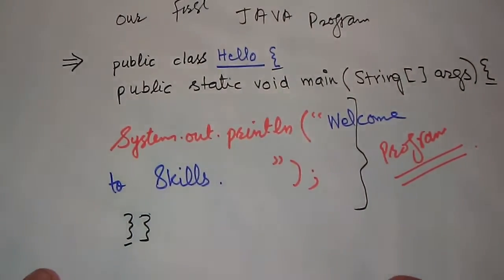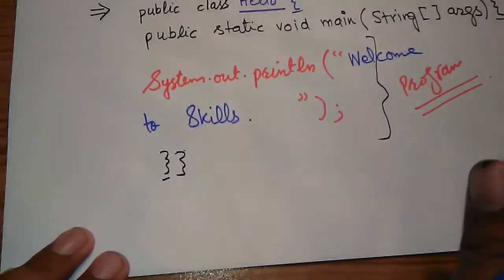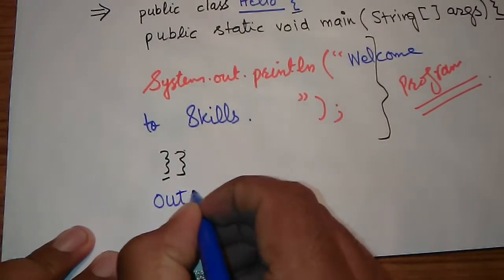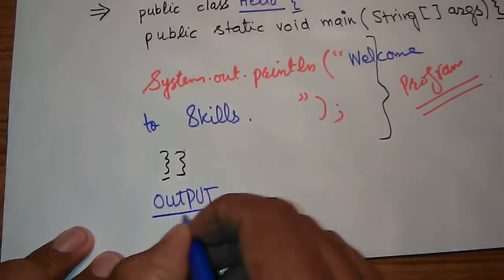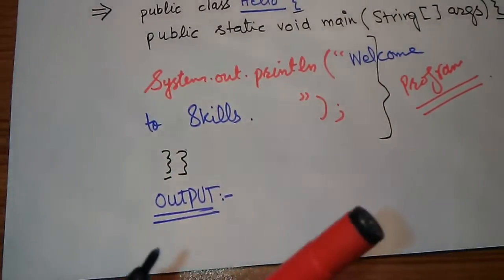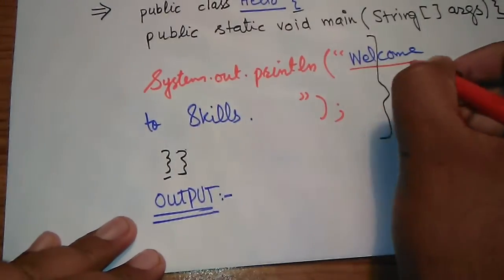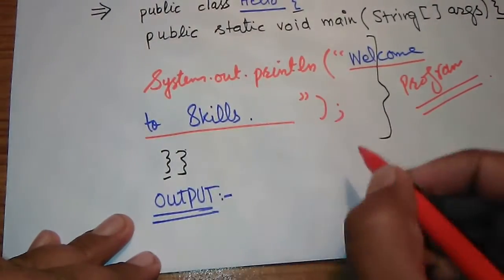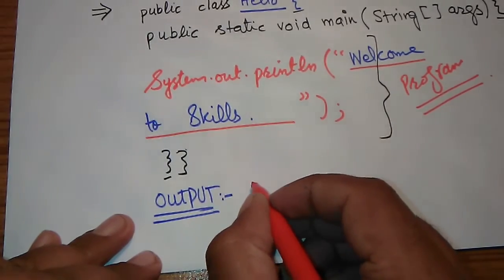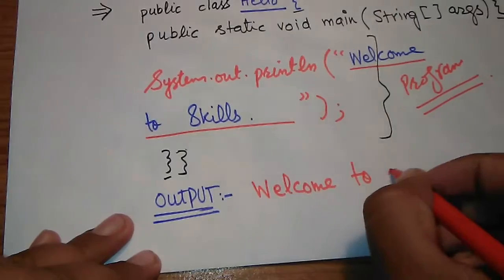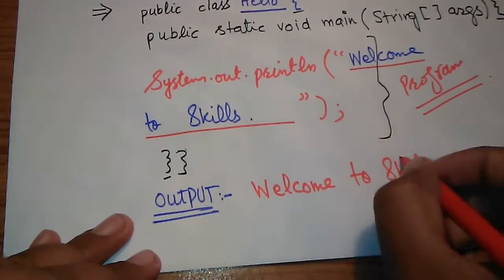This program simply gives us an output of what is written in the code, same as it is. For example, welcome to skills is the output of this program.